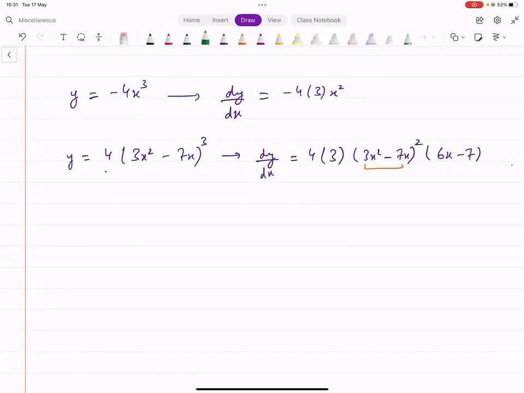For example, in this example here, you multiply by the power, so 3 comes down and multiplies, so it becomes 4 times 3 here, and whatever is inside the power remains as it is, but you subtract 1 from the power, and then you multiply by the derivative of what is inside the power. We multiply by the derivative of the expression inside the power as well. Okay, so that's how the power rule used to work.